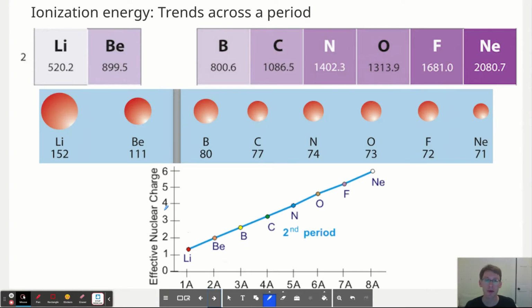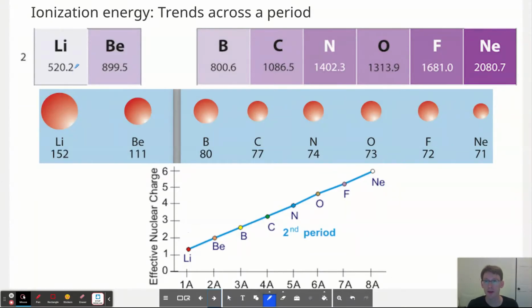Now, in the case of going across a period, we're not taking electrons and adding them to higher energy levels. Across a period, we know lithium has electrons in the second shell, and that's the highest energy electron will be in the second shell. Neon still, its highest energy electron will be in the second shell. And that actually can be used to explain the trend as we go to the right, we have higher ionization energy.